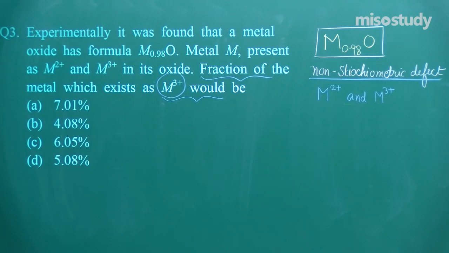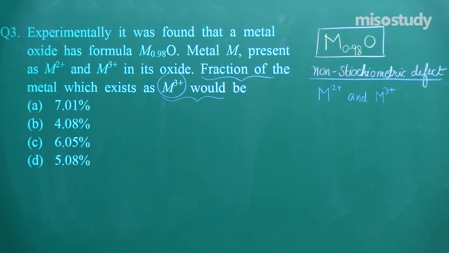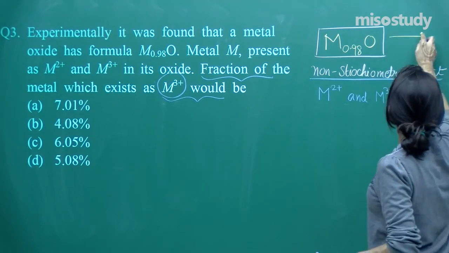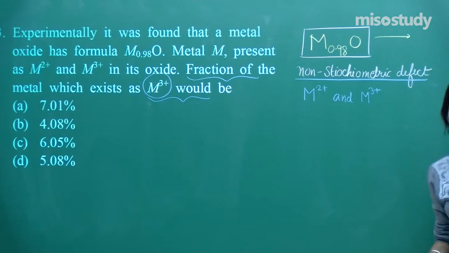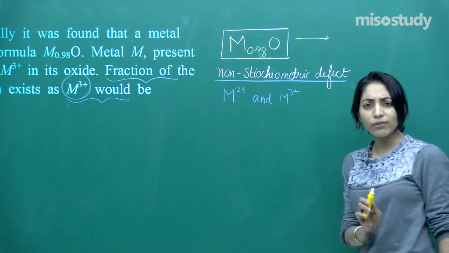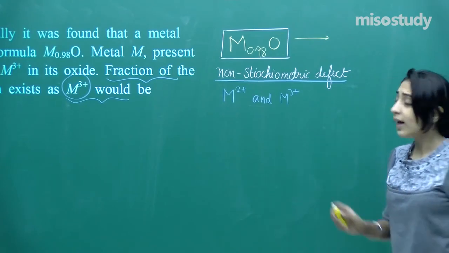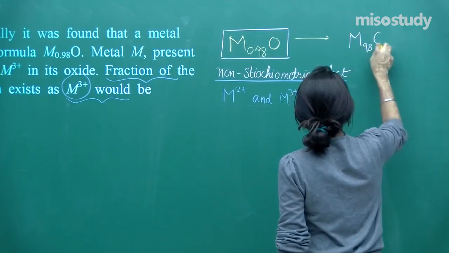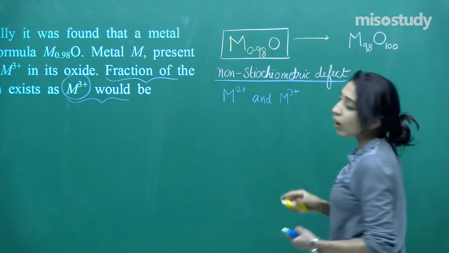So guys, I remember we have done a similar question in our theory part as well. What we used to say: if the metal oxide is given as the formula M0.98O, I can very easily multiply it with a factor of 100 and finally my answer will be M98O100.